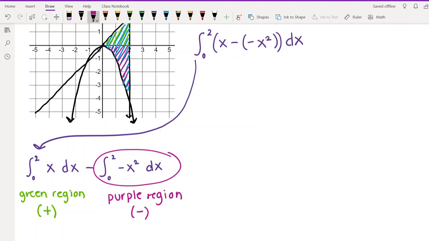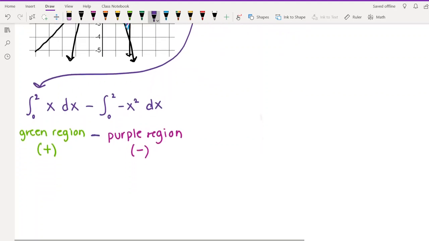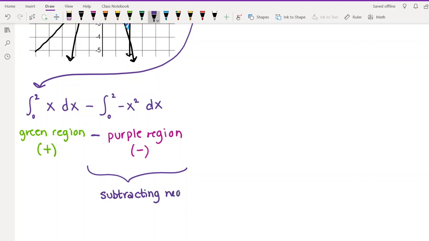If you just integrated the integral from 0 to 2 of negative x squared dx on its own, you would get a negative number. But notice what you're doing between these two integrals: you're subtracting. So you're going to end up subtracting a negative, so that becomes positive.